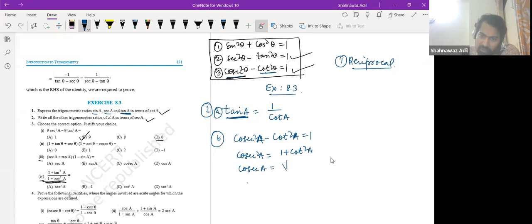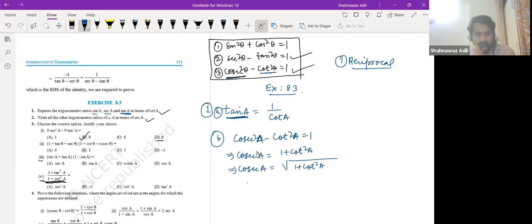This is root of 1 plus cot square A. This thing is clear, right? And now you will ask what is the use of this, why did we calculate it?